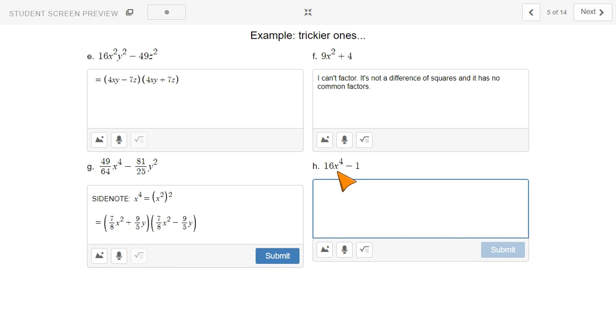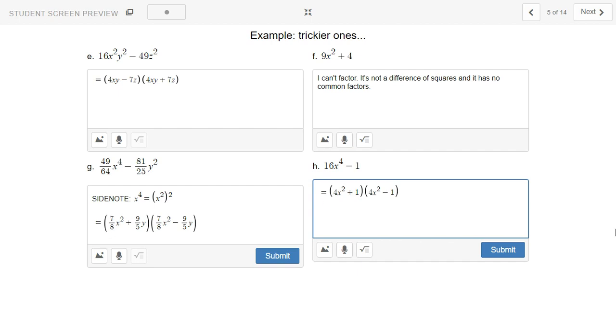Once again, this one, we do have two perfect squares, including x to the 4, because x to the 4 is x squared squared. So let's take the square roots and place it into our brackets. 4x squared plus 1, 4x squared minus 1.